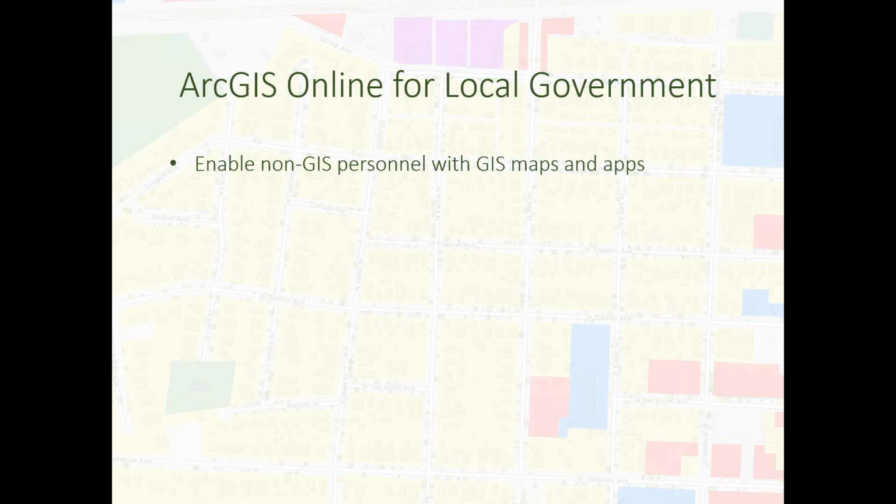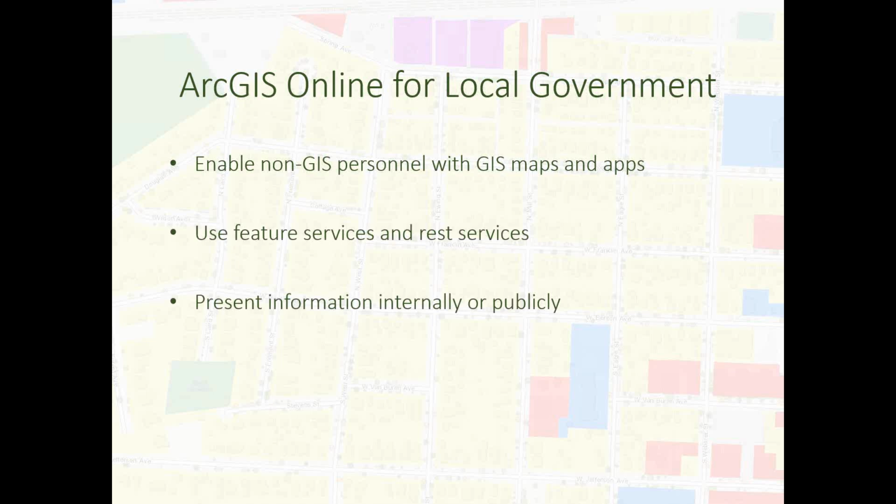So when you're thinking about ArcGIS Online for planning and zoning, you want to think of it not as making everyone who uses the information into GIS people, but rather providing the tools and applications to quickly and easily provide the needed information in simple to use formats like the GeoForm that we just looked at. When working with feature services, whether hosted on your own server or on ArcGIS Online, the apps all tie together to keep everything up to date no matter where you're viewing it and no matter what device you're using it on.